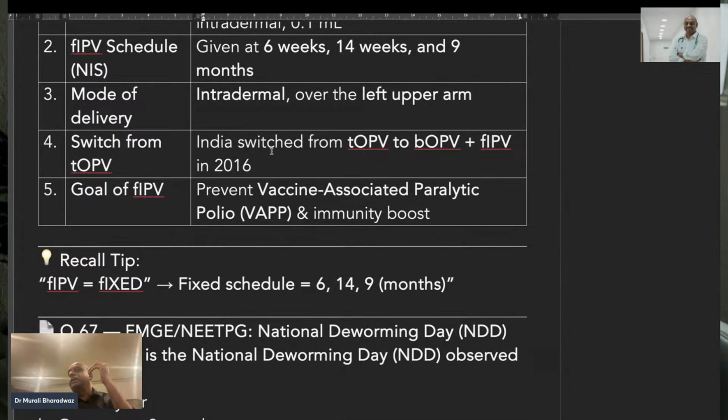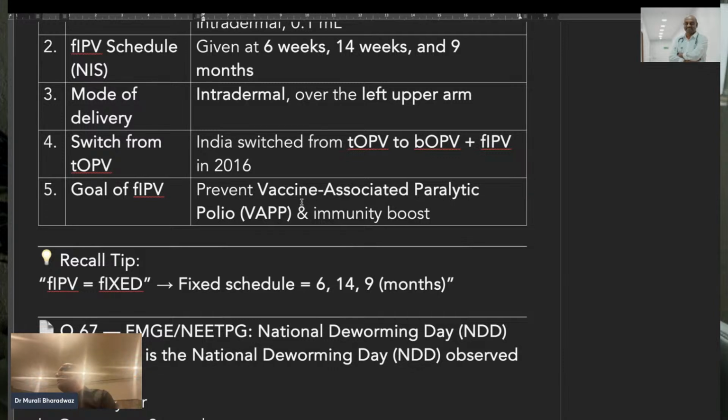Now why is this used? Because if you use the live attenuated vaccine, which is used in all pulse polio immunization programs, that live attenuated organism itself can lead to vaccine associated paralytic polio. To mitigate that, they found FIPV.